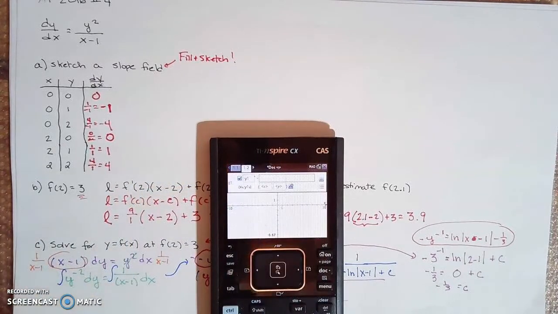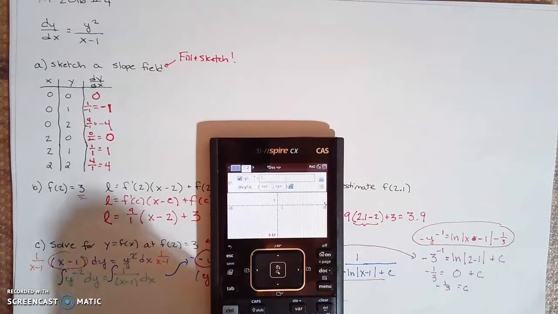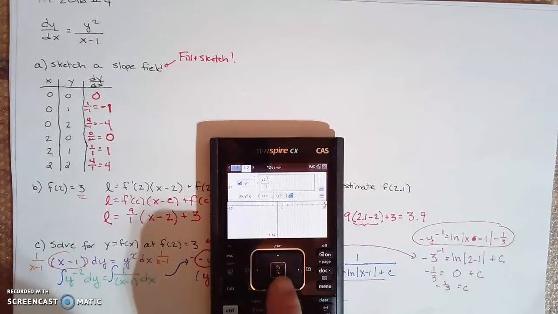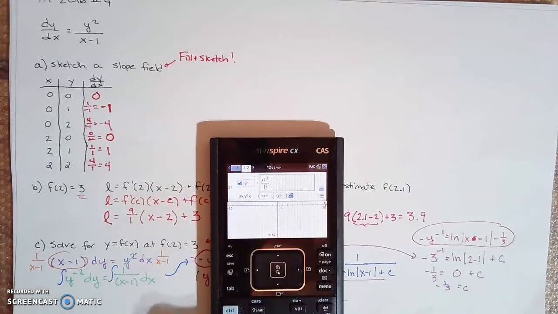I could have plotted the slope field, which is y1 prime equals, make it a fraction. It does work in there now. I would have put in y1 squared over x minus 1, hit enter. And that would show me what the slope field would look like.